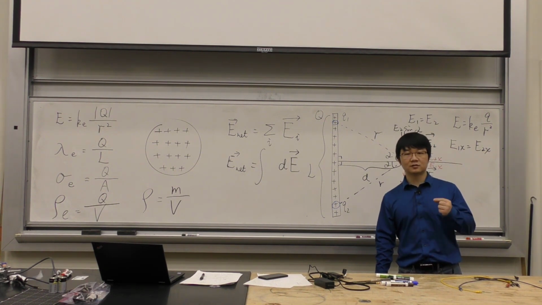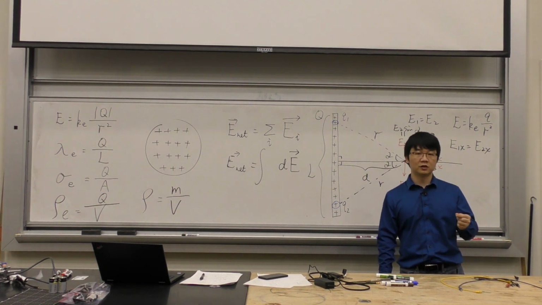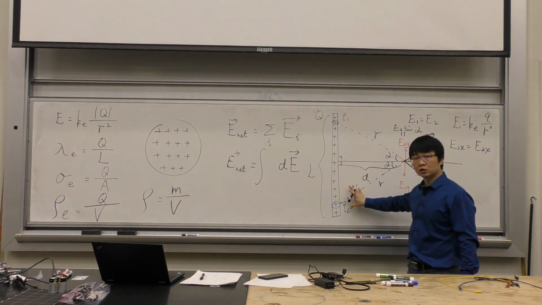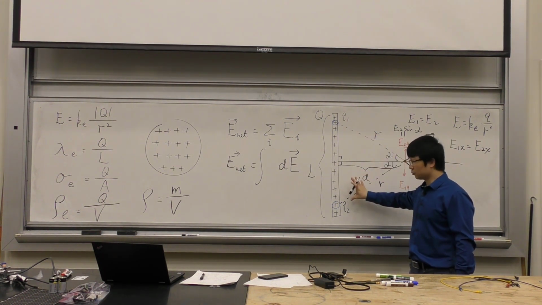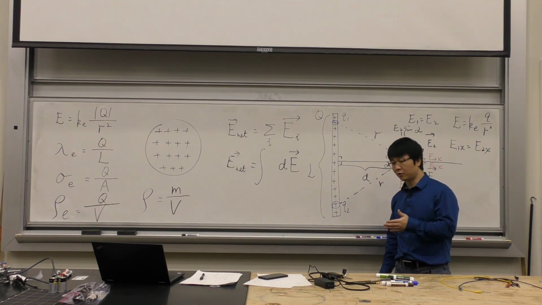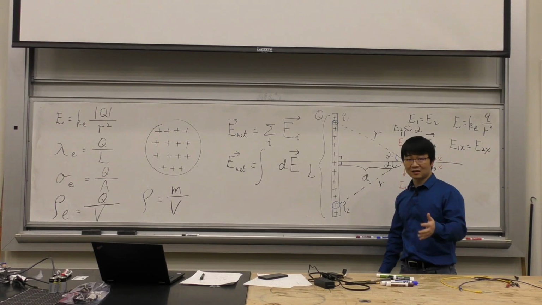So for every single infinitesimal charge on the top half, you can always find a matching infinitesimal charge on the bottom half, which cancels the Y components.